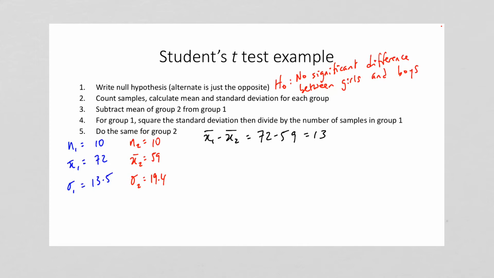I'll do that one in blue. We have standard deviation of 1 squared divided by n1 is going to be 13.5 squared divided by 10, which will be 18.225. We're going to do the same thing for population 2 or sample 2.